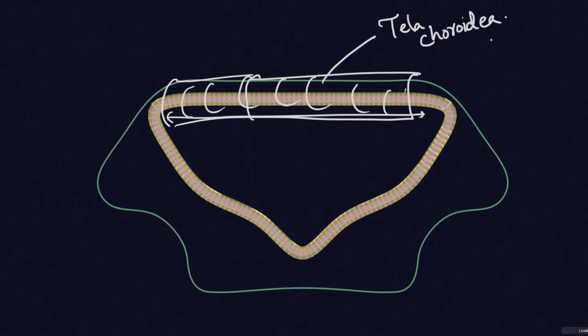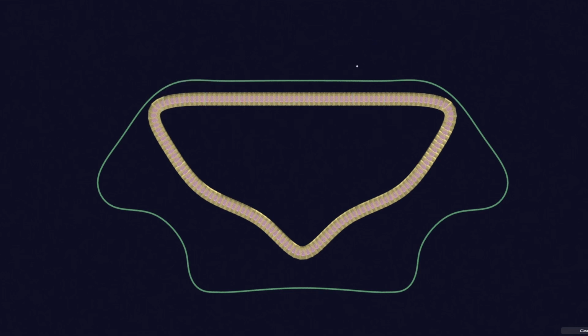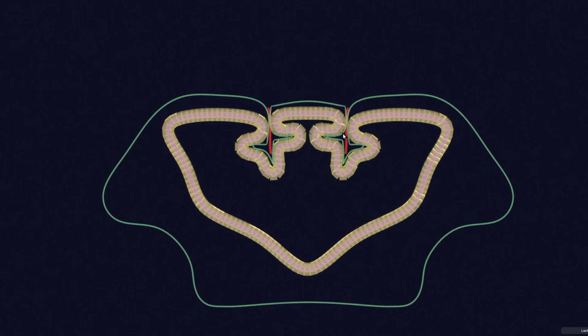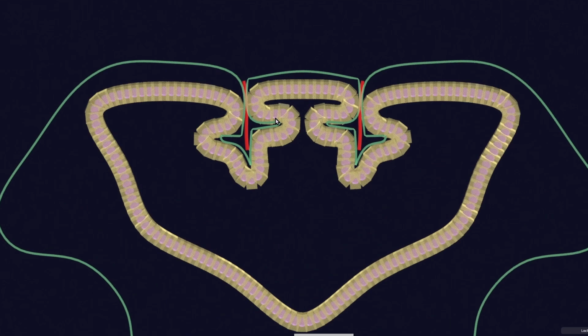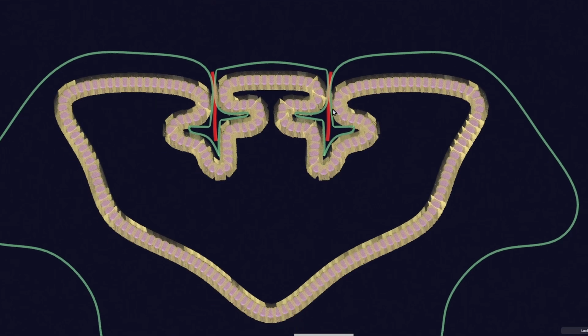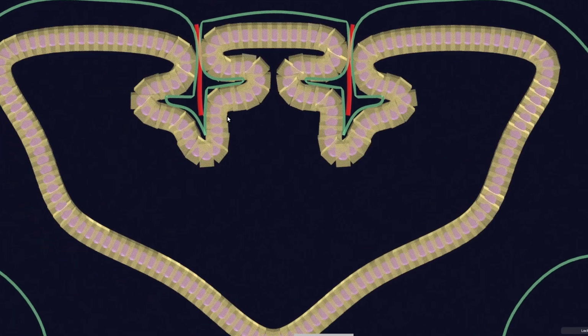So Tela choroidea. What is so special about Tela choroidea is that this vascular pia mater will proliferate and invaginate inward, and it will form branching finger-like structures. These branching finger-like structures will again be invaded by blood vessels, and they will become rich in blood vessels.